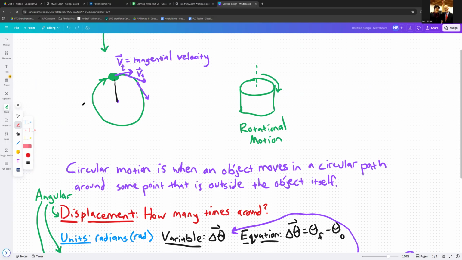You could also have an acceleration like this. That would speed it up if it's in the same direction. So there's options of what your acceleration could look like to speed up or slow down the velocity, but neither of those is happening. It's not speeding up, it's not slowing down as it goes around in a circle.